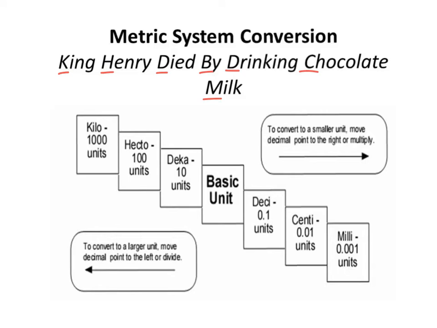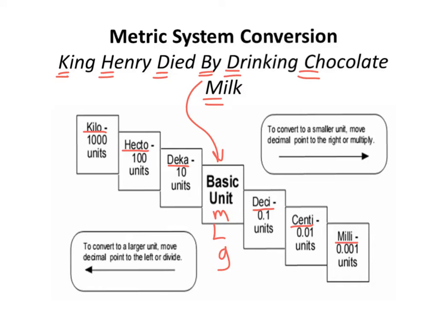So the prefixes, if you'll notice, K for king, that's kilo. H, hecto. D, deca. B is our basic unit, which is either meters, liters, or grams. D is deci. C is centi. And M is milli. So those are prefixes that we can use with different units.